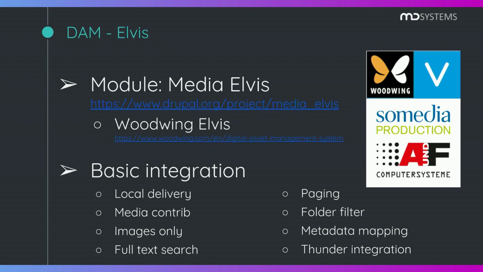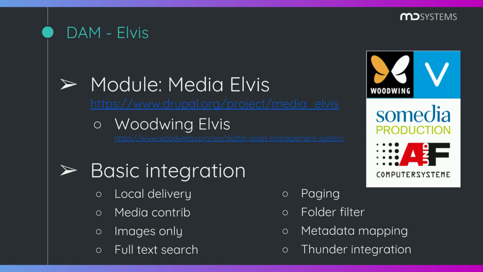Let's quickly go through the two primary use cases of DAMs that we've built. For Elvis, it's a very basic integration. It's by WoodWing. When you use media, it stores the media locally. So in the situation where you basically pick an item, it saves down what is there, and from then on, Drupal works like it's not existing.